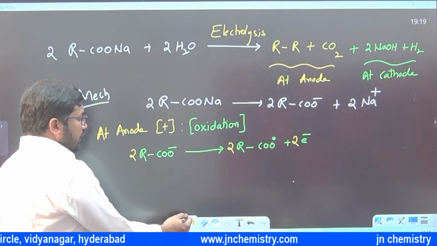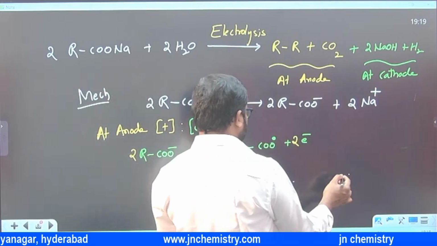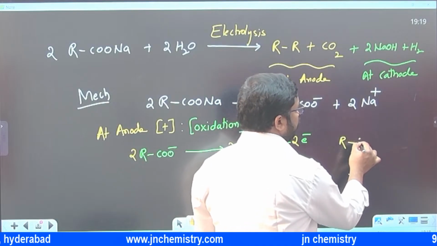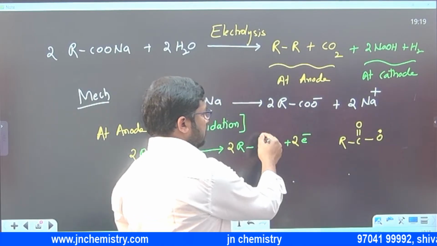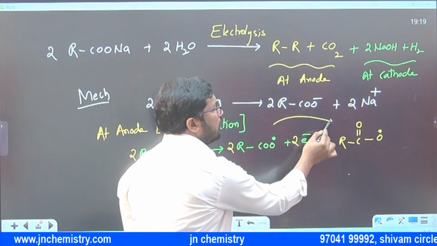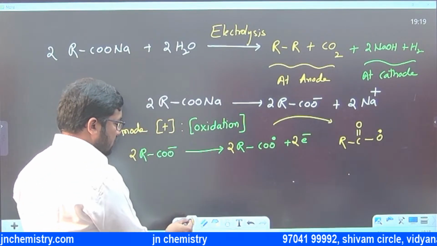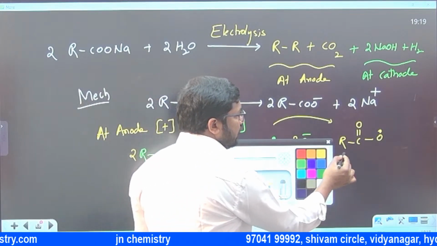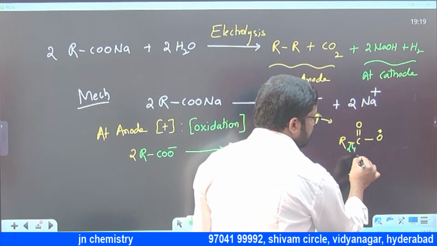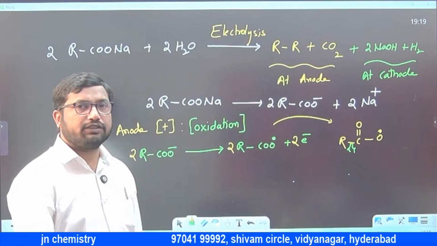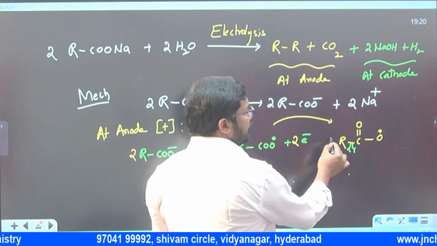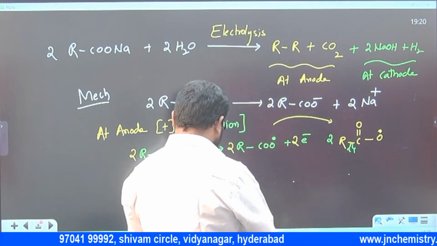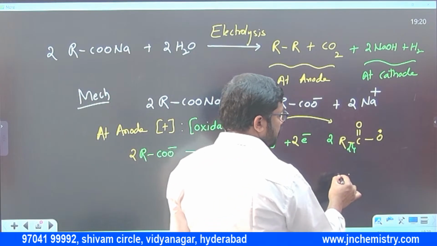But here one more important thing: RC double bond O radical. Can we write like this? Here homolytic cleavage takes place. Homolytic cleavage means equal cleavage. We are taking 2 moles here. So what will we get?